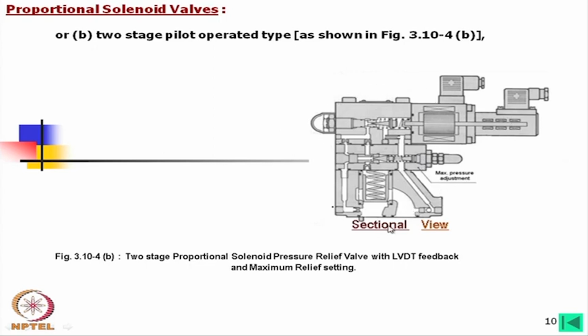Here this is the proportional solenoid, and this is the transducer part, or you can say the feedback part, which gives the feedback.